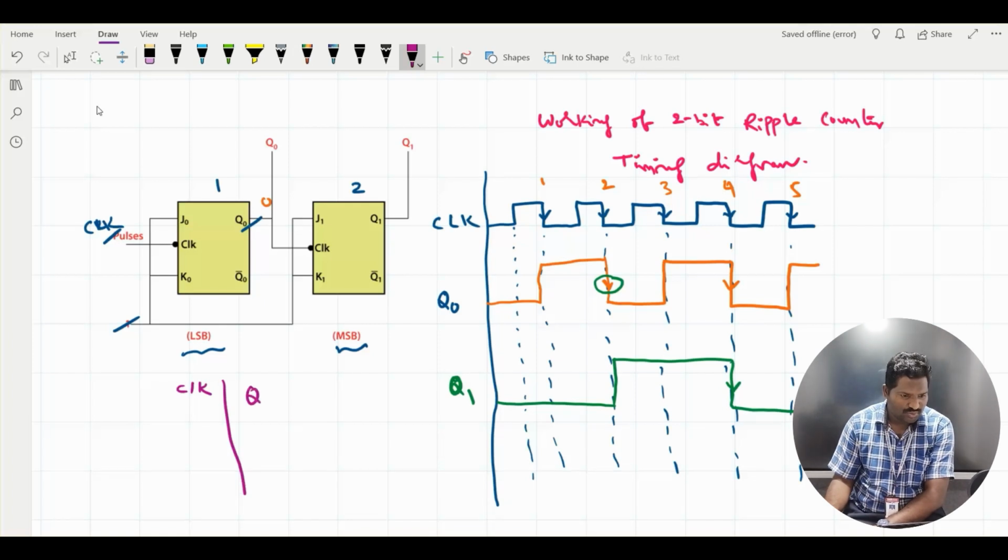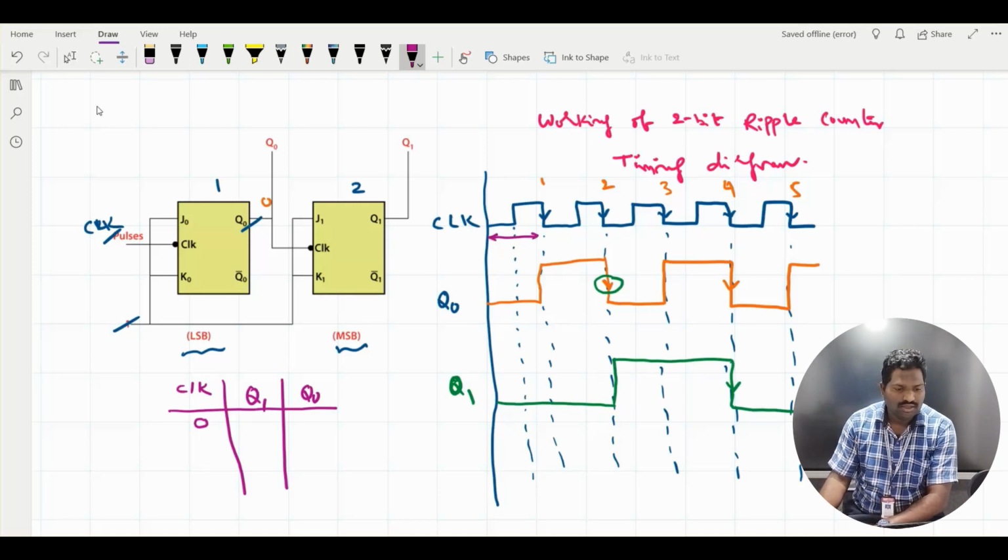Now it is Q1, here it is Q0. For the 0th clock pulse, that means if there is no clock up to this point, I have not triggered any flip-flop. So up to this point Q0 is 0 and Q1 is also 0. So Q1 is 0, Q0 is also 0. So now it is counted as 0.